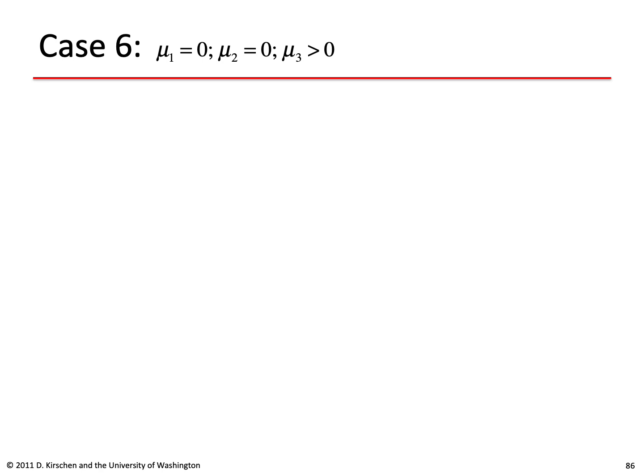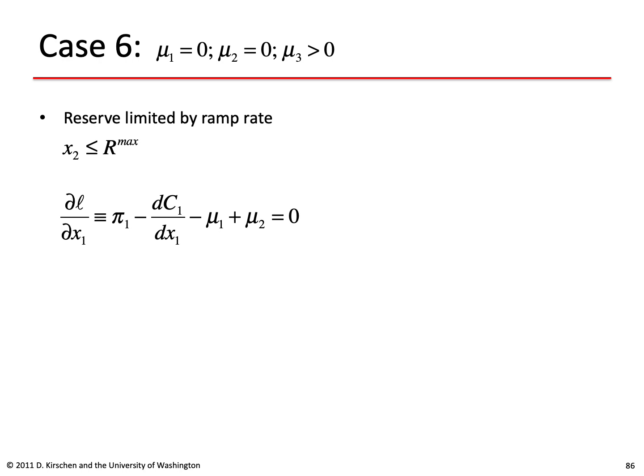In case number 6, mu1 and mu2 are both 0, and mu3 is positive. This means that the reserve is limited by the ramp rate, or x2 is less than or equal to Rmax. Putting those values of the Lagrange multipliers in the first optimality condition, we get that dc1 over dx1 equals pi1.